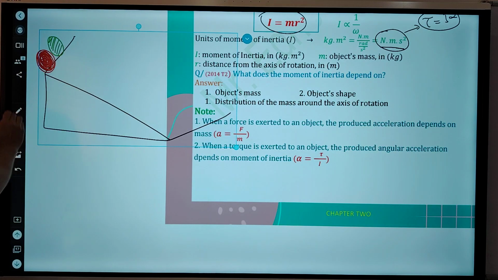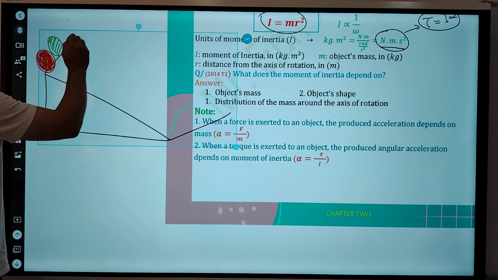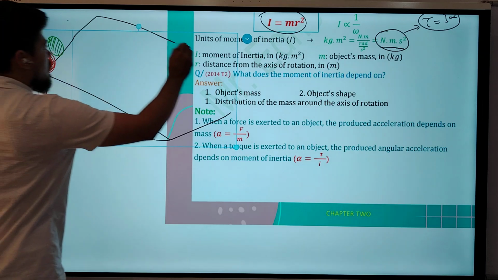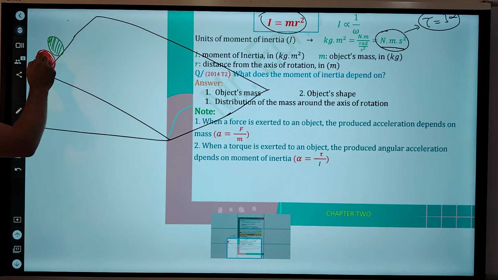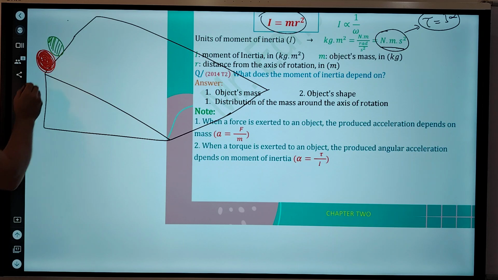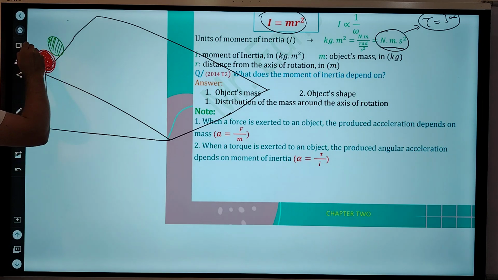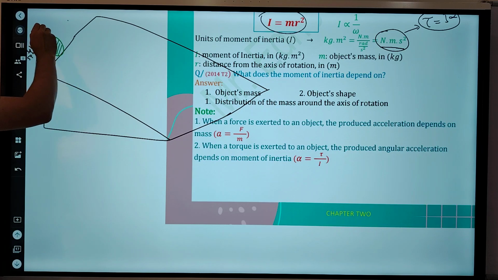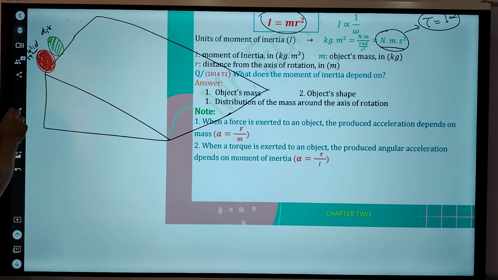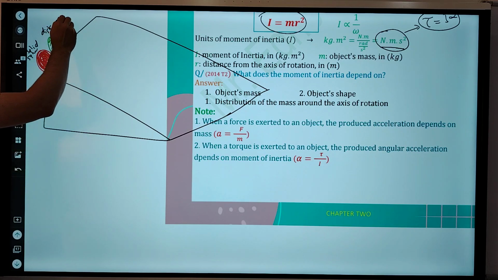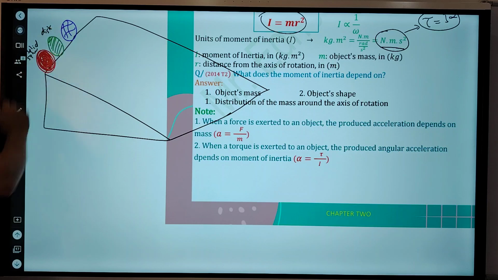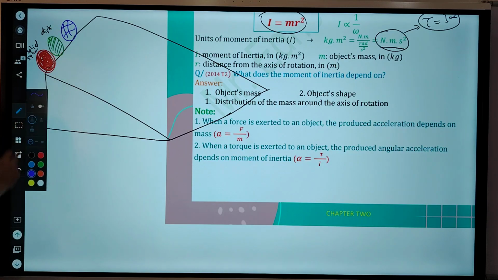The second one is a solid disc, and the third one is a hollow sphere, such as a basketball or football.